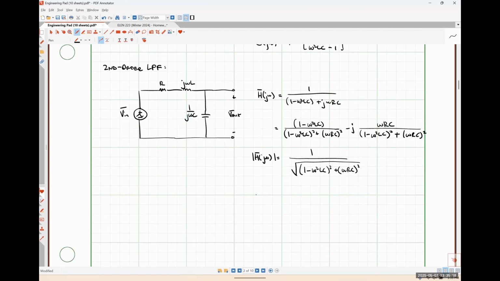For what it's worth, the corner frequency omega C is just the same as second order high pass filter, literally the exact same relationship. And our phase response, theta as a function of j omega, is negative the inverse tangent of omega RC over 1 minus omega squared LC. Let me draw that bracket better.